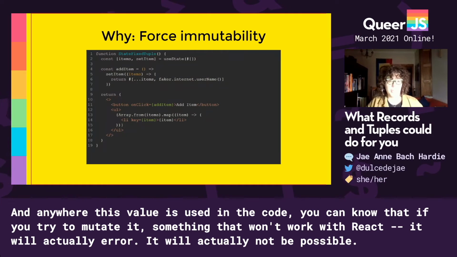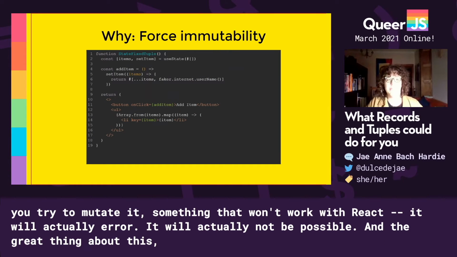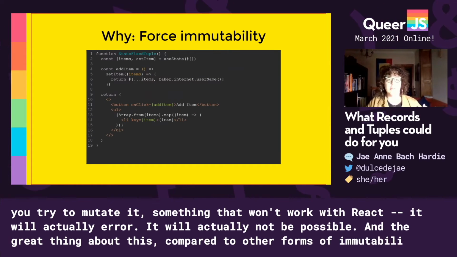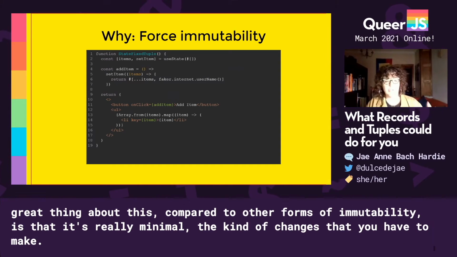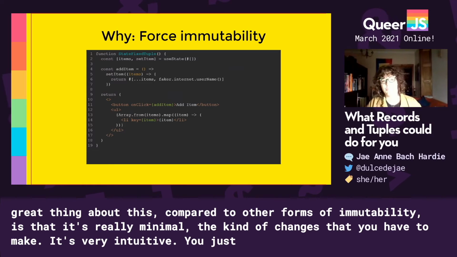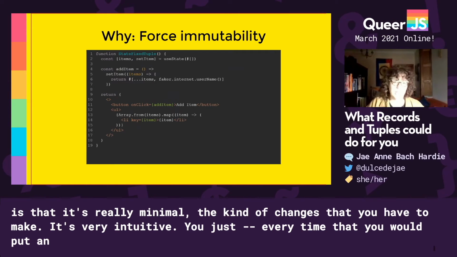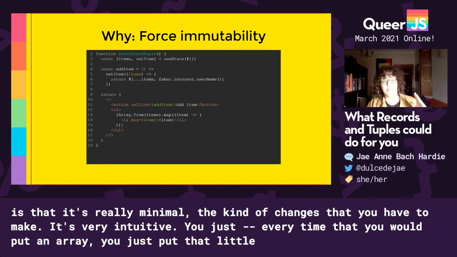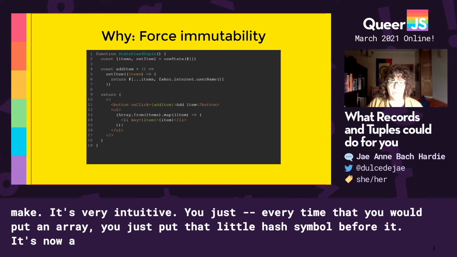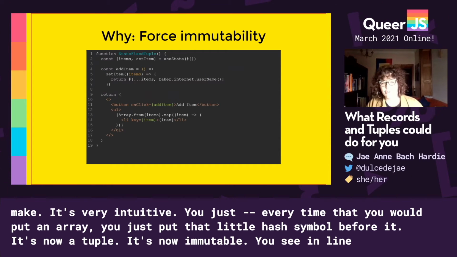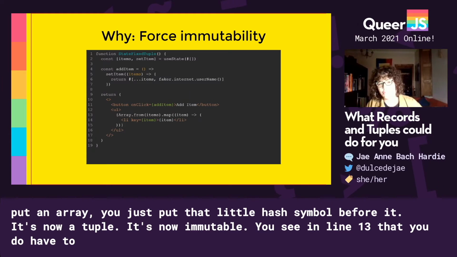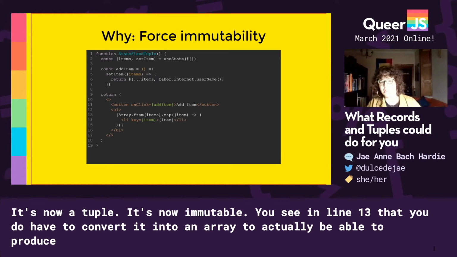And the great thing about this compared to other forms of immutability is that the changes you have to make are really minimal. It's very intuitive. Every time that you would put an array, you just put that little hash symbol before it. It's now a tuple. It's now immutable. You'll see in line 13 that you do have to convert it into an array to actually be able to produce React elements for it.